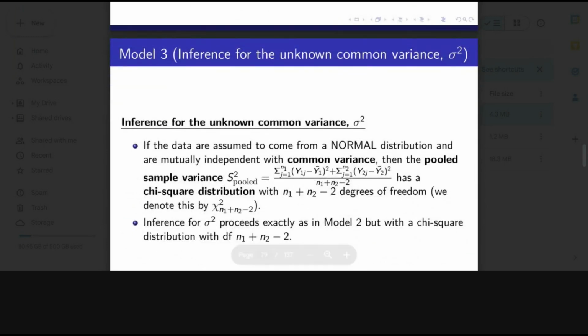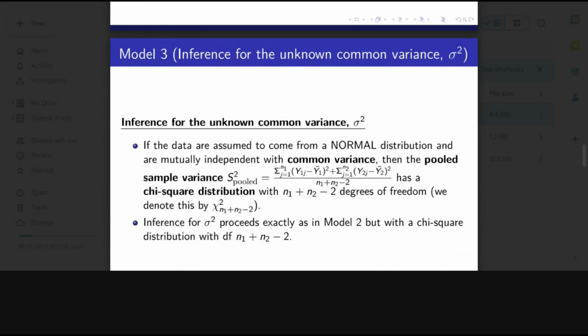Okay. So here, these are just the things I was just saying. If the data are assumed to come from a normal distribution and they are independent with common variance, then the pooled variance has a chi-square with n1 plus n2 minus 2 degrees of freedom. Now we're going to talk about inference for sigma squared.